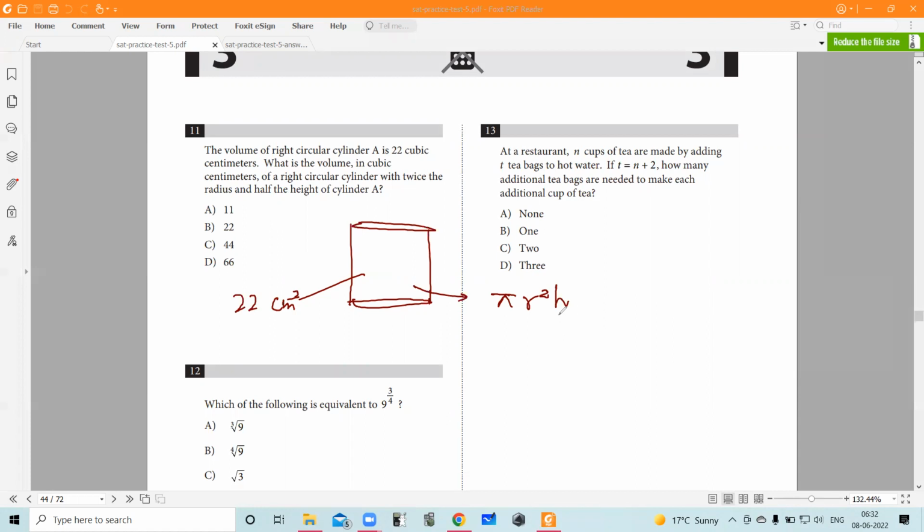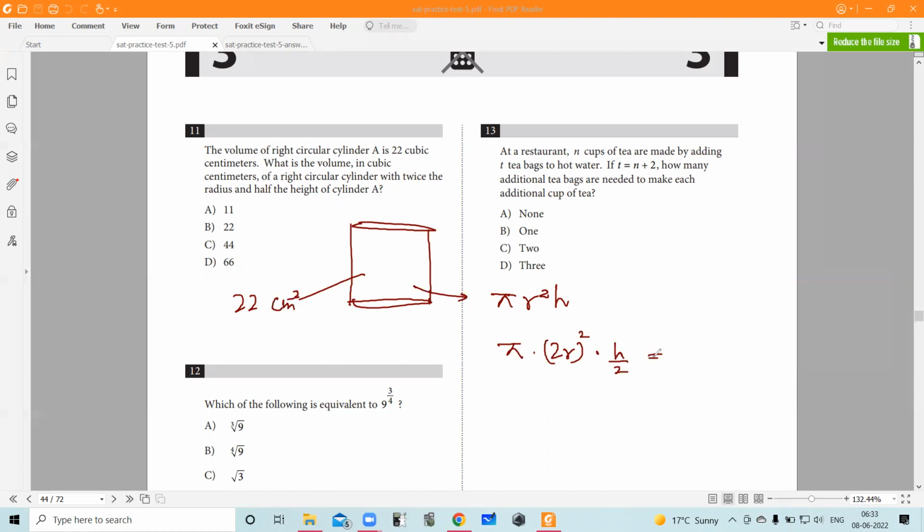So it's pi r squared h. Now we have to find the volume of the cylinder with twice the radius. So we'll put pi times twice the radius. Can I write it 2r squared? Yes. And the height is half, so can I write h over 2? Yes.